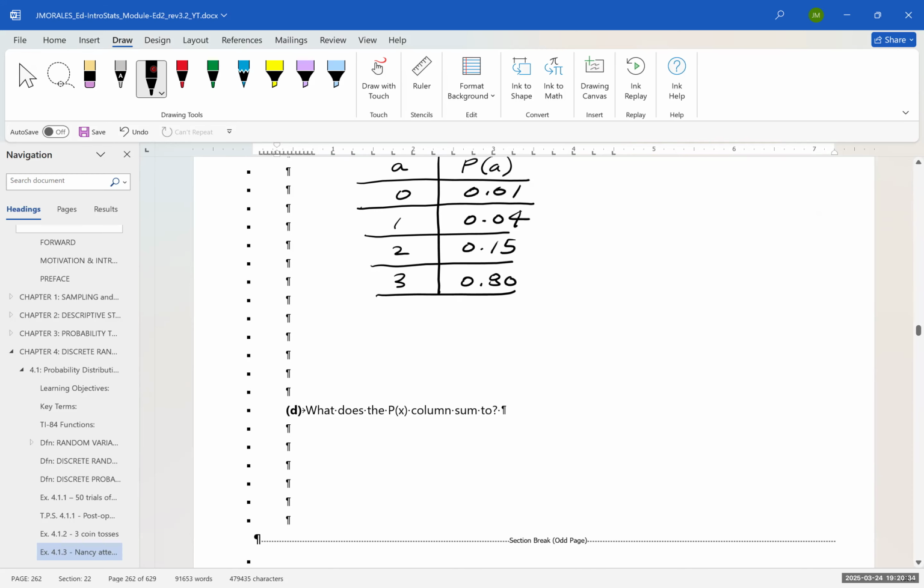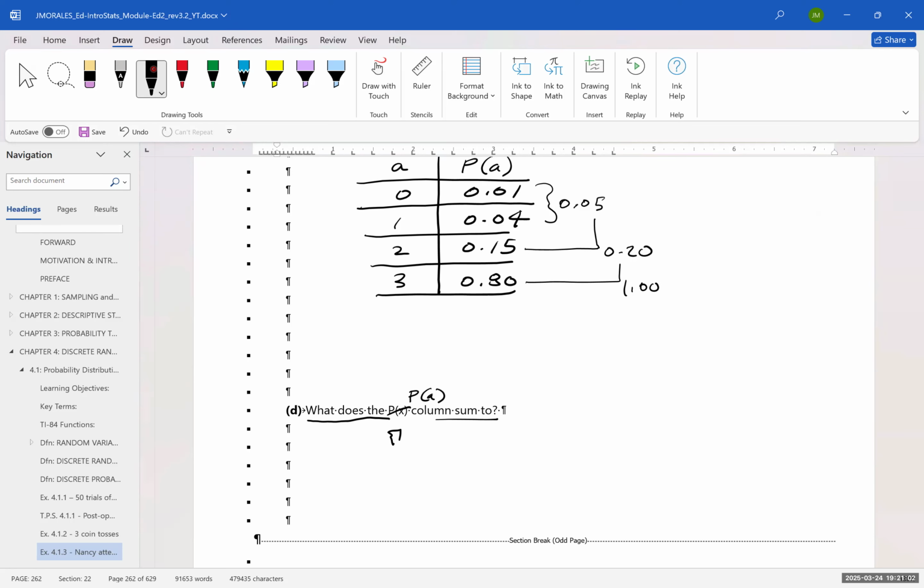Now, the next question is, what does the probability of A column sum up to? We can see here that 0.01 plus 0.04 is 0.05, and 0.15 plus 0.05 is 0.20, and 0.8 plus 0.2 is 1.0.